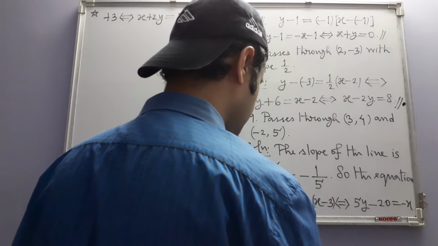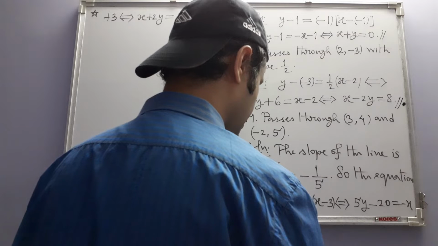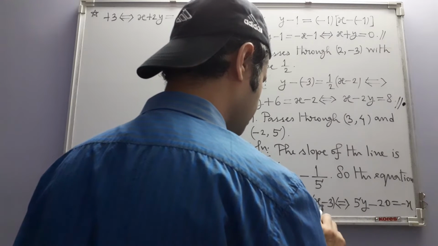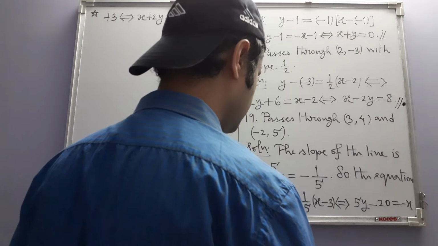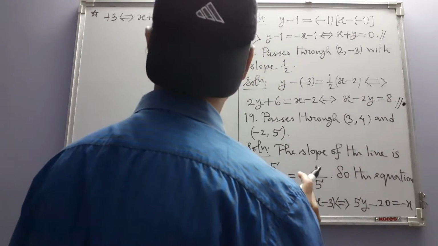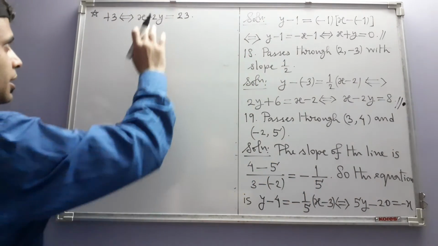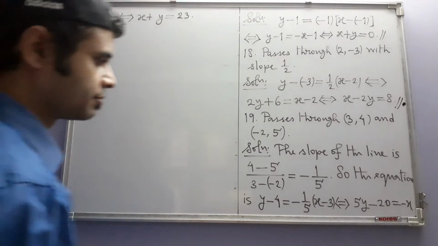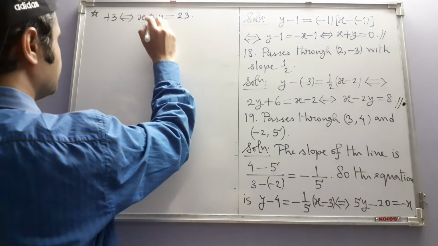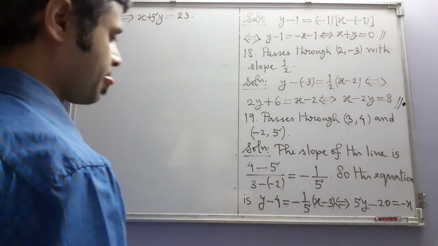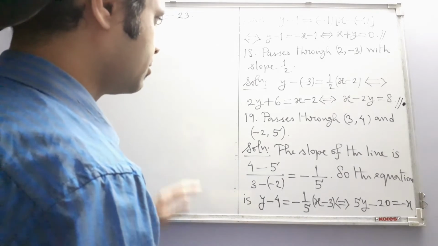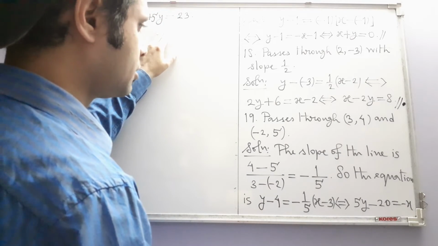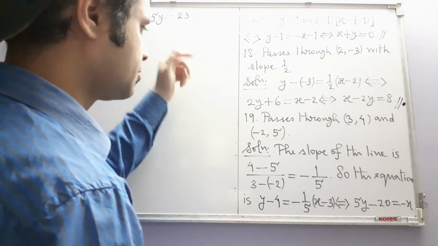So that gave me 5y minus 20 equal to minus x plus 3. So that means x, see what I have written. I have written 2y, it will be 5y now. x plus 5y equal to, okay, now if we substitute y equal to 4, then 20 plus 3 is 23.